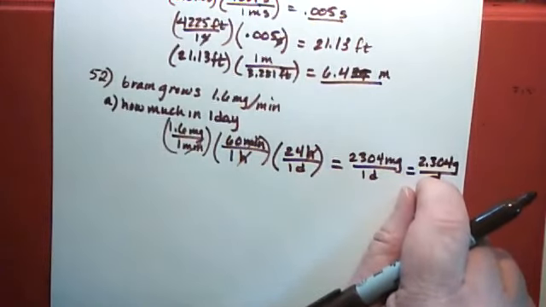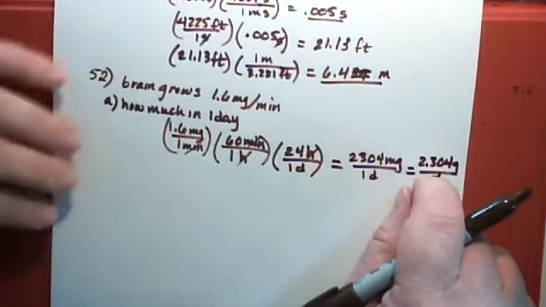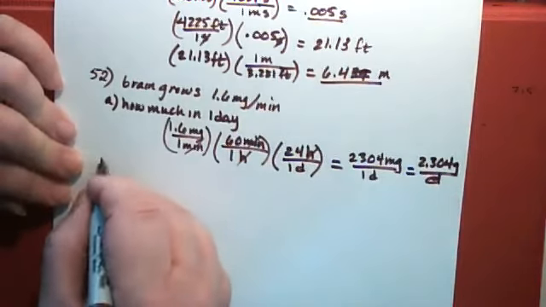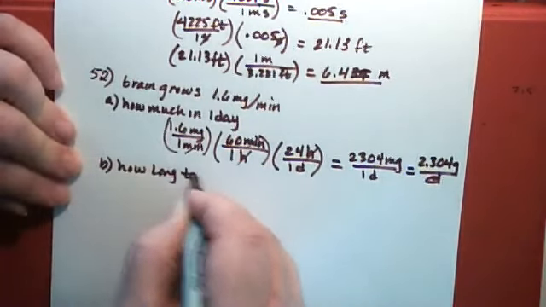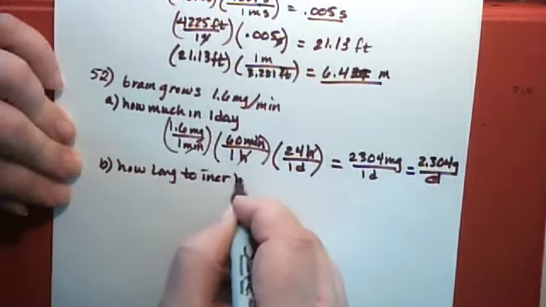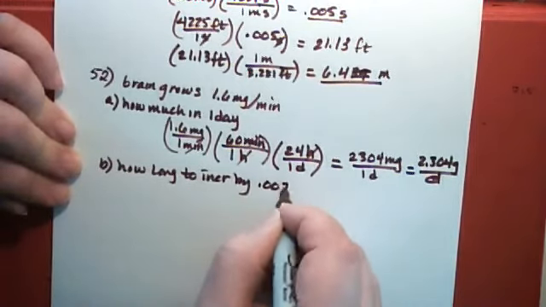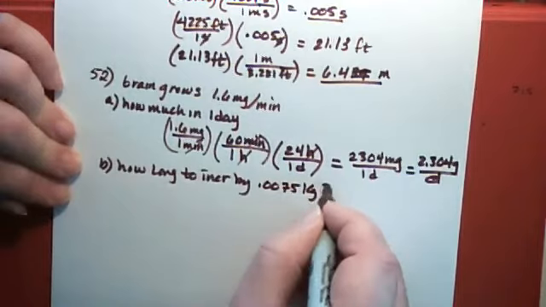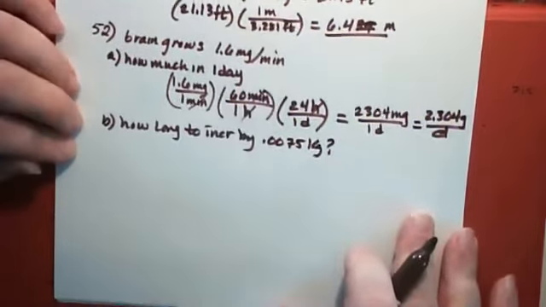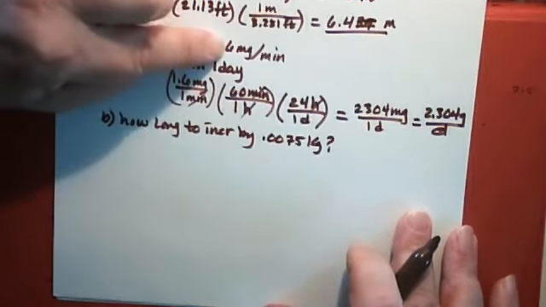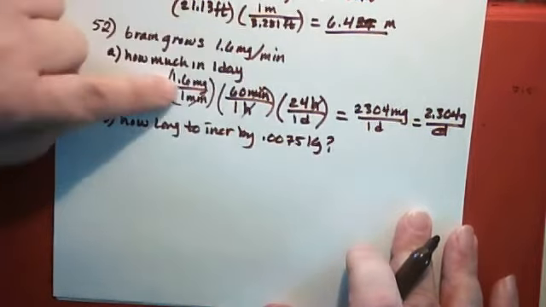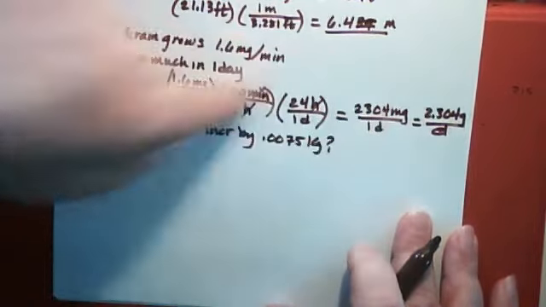Okay, so also they want to know how much time it takes for the brain's mass to increase by 0.0075 kilograms. We've got the rate in milligrams per minute, or grams per day, I suppose.